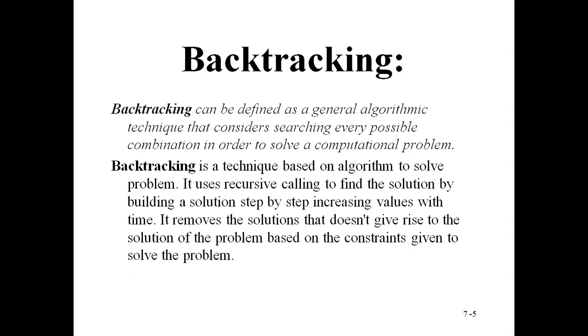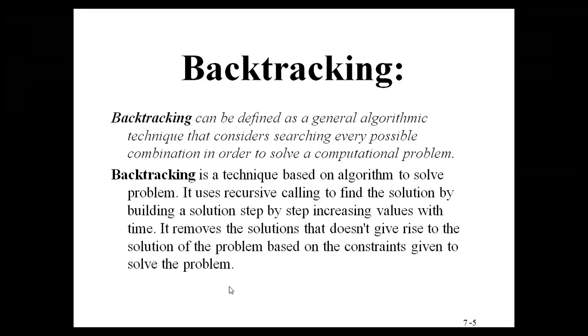In some solutions the constraints, the conditions, are not satisfied. Suppose in our sum of subsets problem, when you add the elements in a subset of our set, the total should give some integer value, 30 for example.